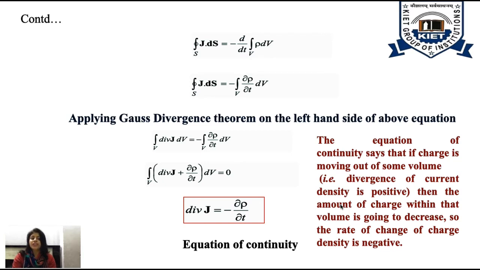The rate of change of charge density is negative. So the current flowing out of some volume is equal to the rate of decrease of charge in the volume, meaning divergence of J is equal to minus del rho by del t. This is the equation of continuity.